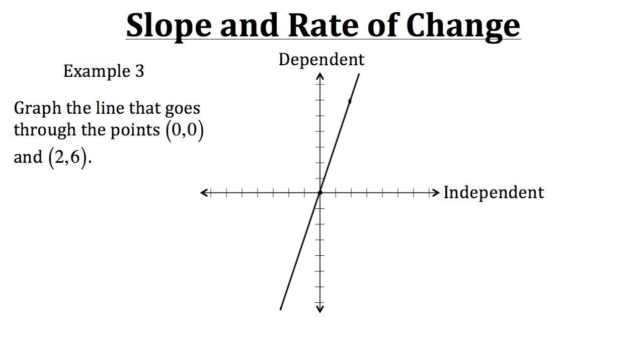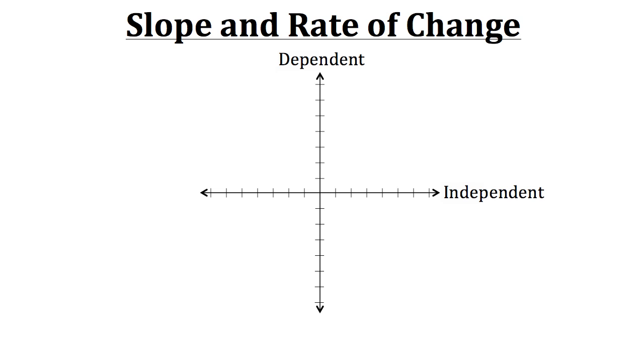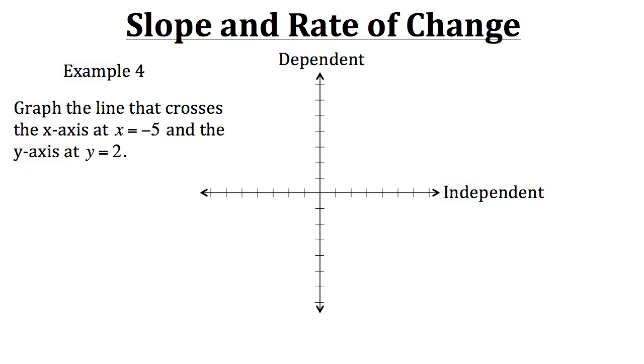Now let's try another example. Here, they want us to graph a line that crosses the x-axis at x equals -5 and the y-axis at y equals 2. For this, it's actually referring to intercepts.